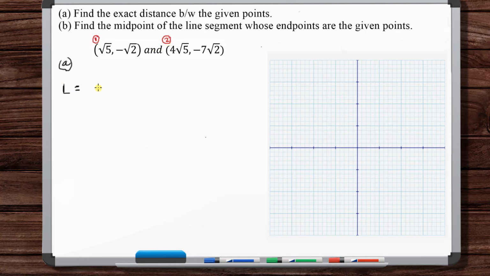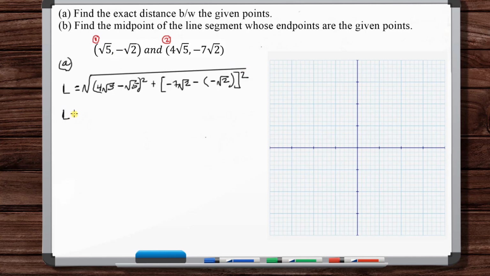So x2 minus x1 squared plus y2 minus y1 squared, so minus, then the minus root 2, squared.